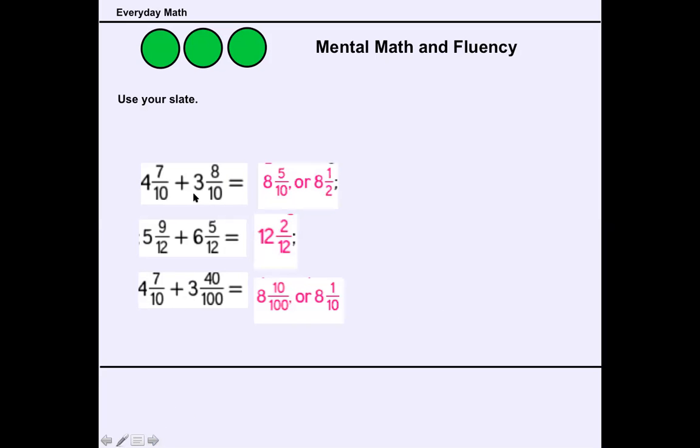4 plus 3 is 7. 7/10 plus 8/10 is 15/10, which is an improper fraction. So you would either have 8 5/10 or 8 1/2. Let me just show you that.